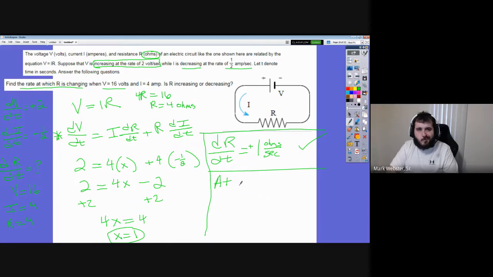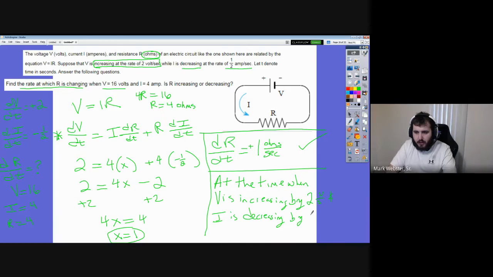At the time when V is increasing by 2 volts per second and I is decreasing by half of an amp per second.